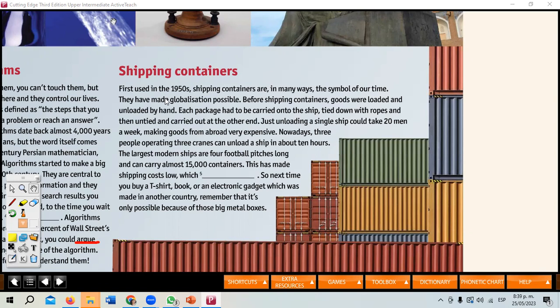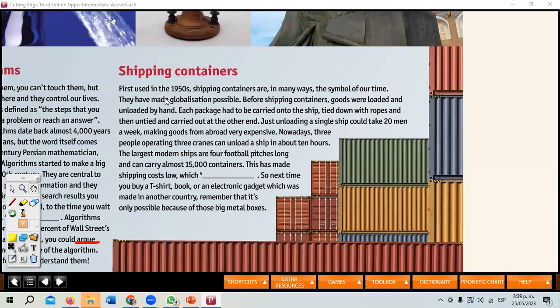Each package was taken onto the ship, tied down with ropes, untied and carried out at the other end. Unloading a single ship could take 20 men a week, making goods from abroad very expensive.